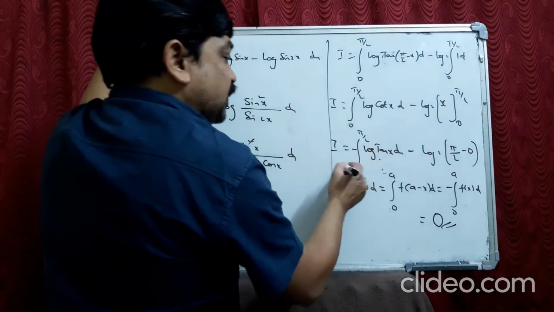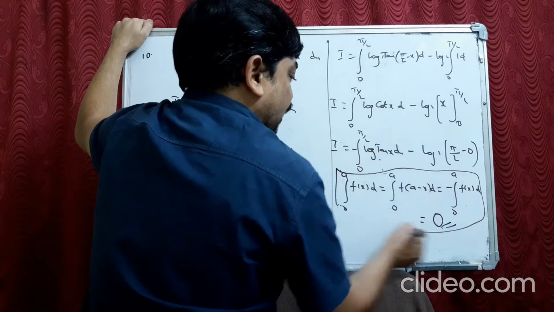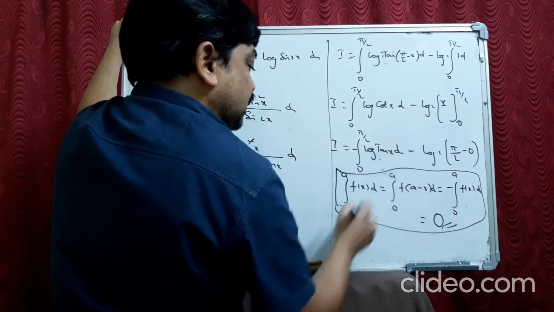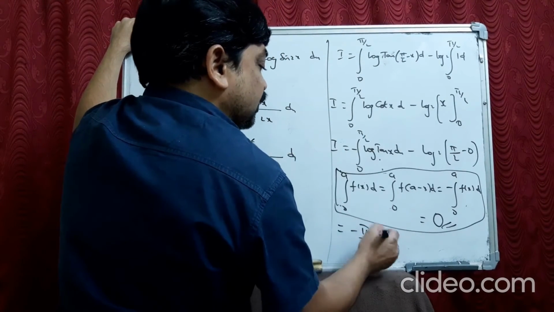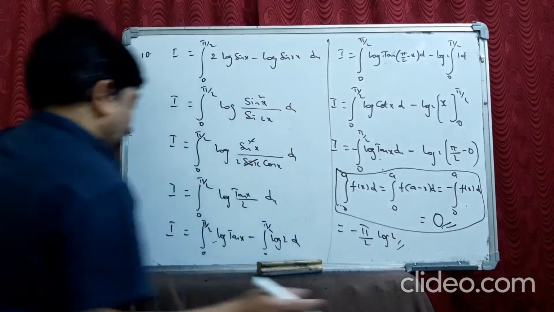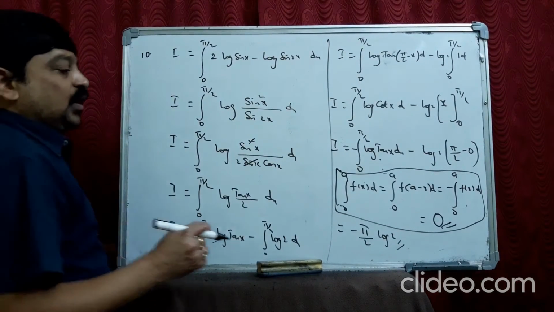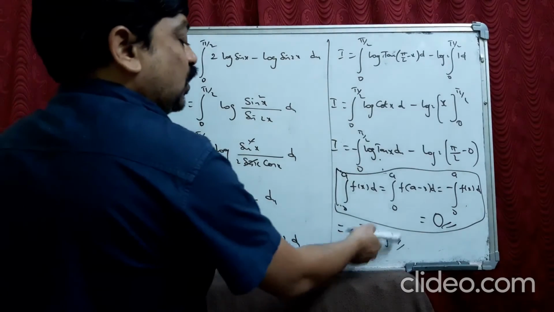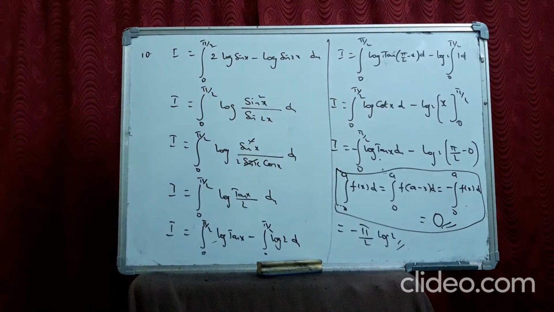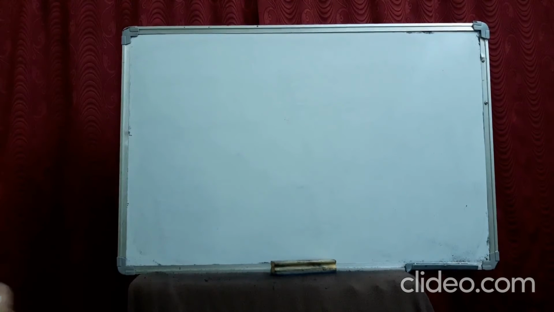This is the formula required here. So 0 minus, the whole answer is minus pi by 2 log 2. You can also write it like pi by 2 log 2 power 1 by 2. Both are the same.